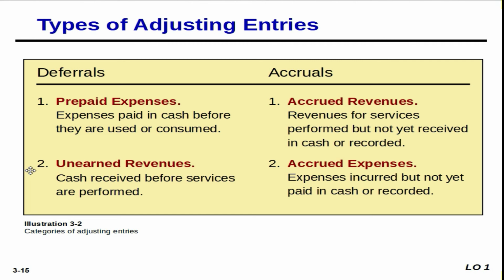So when an investor comes to look at your income statement, they can say, well, this company did generate this much revenue, and then they can look at your balance sheet also, and they can go back and forth because the other side of that is an accounts receivable for these accrued revenues.